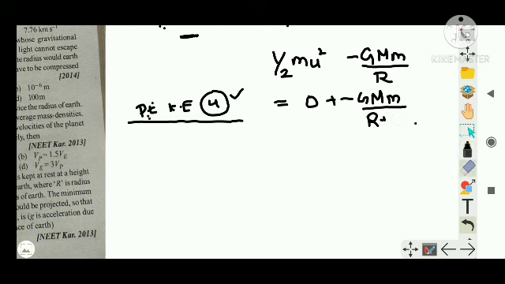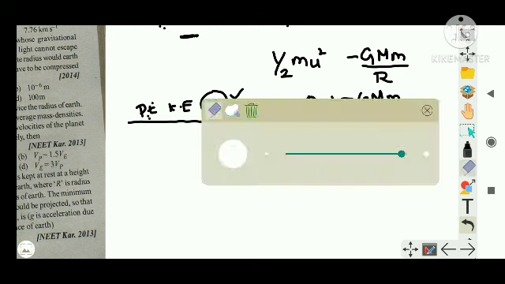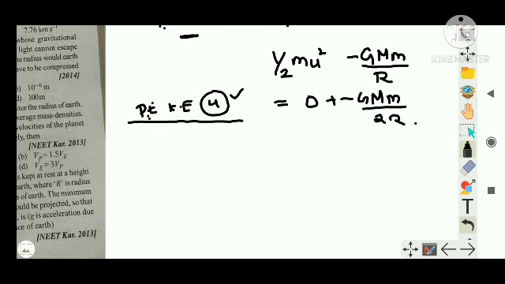Now height is equal to the radius of Earth, right? So I can write R plus R, or I can just write it as 2R, right? Now let me remove the zero section. Clear?